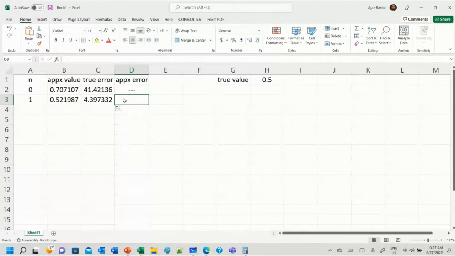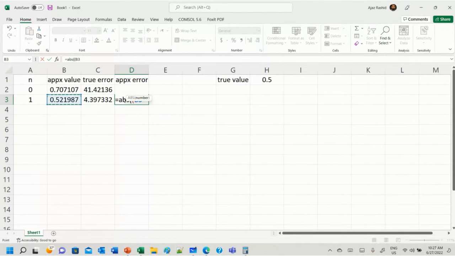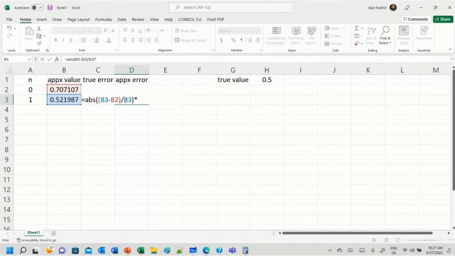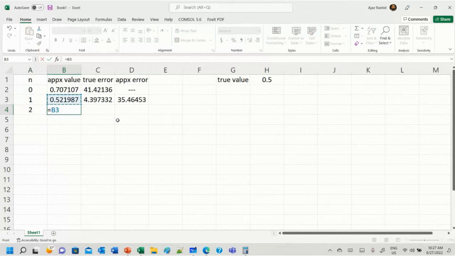We found it to be 4.4%, and here this is the absolute value of the new value minus the old value divided by the new value multiplied by 100 to get the percentage. We found it to be 35.5%.